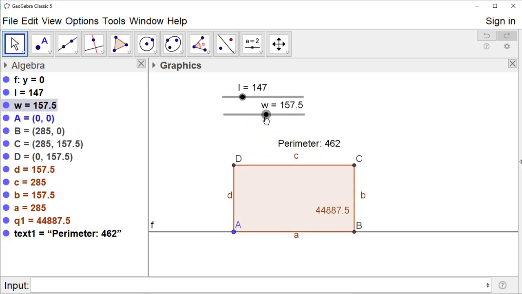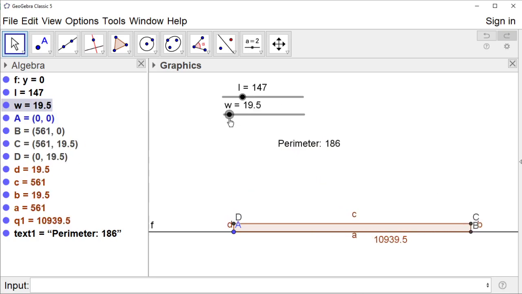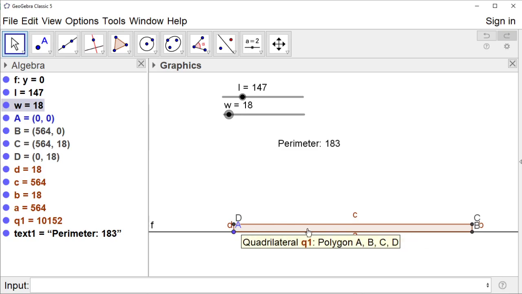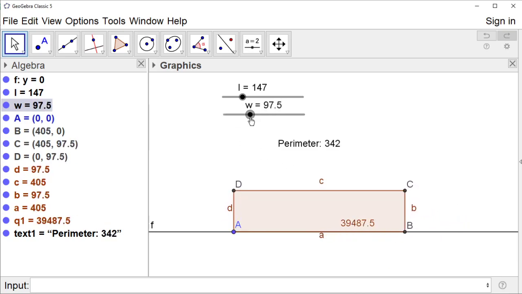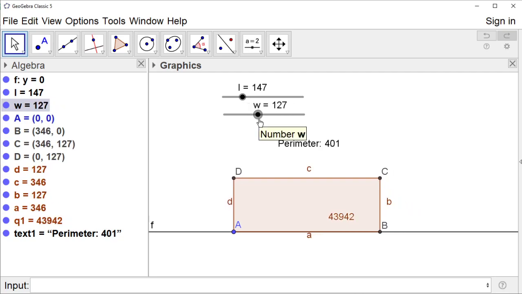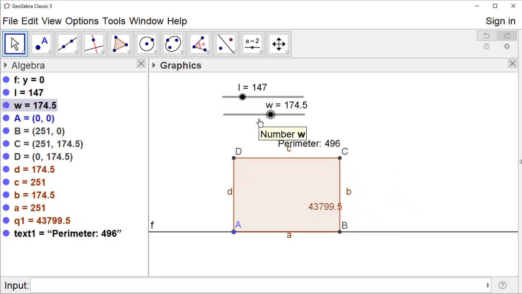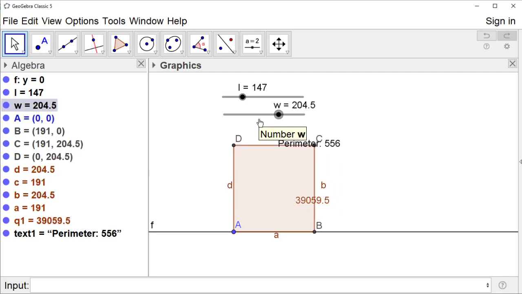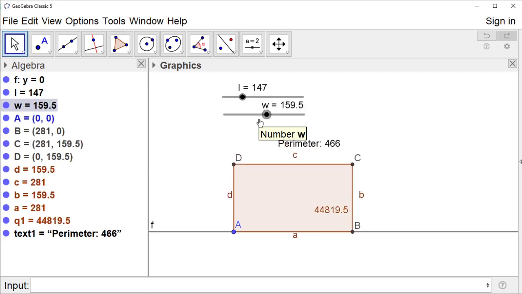When I make the width too short, it has the same problem. It's a very low area because it's a very long and thin box. The best box, right? It goes up and up and up towards 45,000, and then it starts to go down, right? And you can see that, where it's going up and then going back down again.